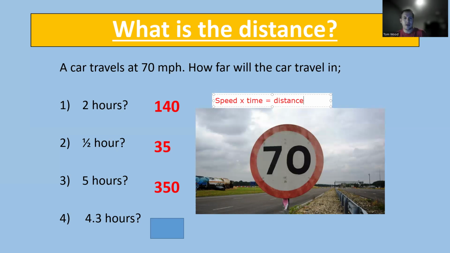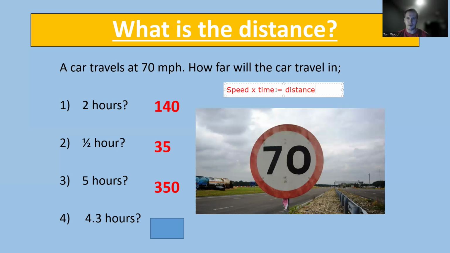So all we do, if we know how fast something's going and how many lots of time we need, we just multiply speed and time to get our distance. So in 5 hours, it would travel this far. If it was traveling at 70 miles per hour for 12 hours, we would just multiply it through by 12. So quite nice and straightforward.